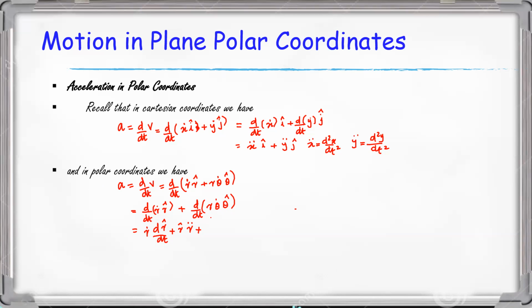So here also we use the product rule, taking two quantities constant and changing the third.